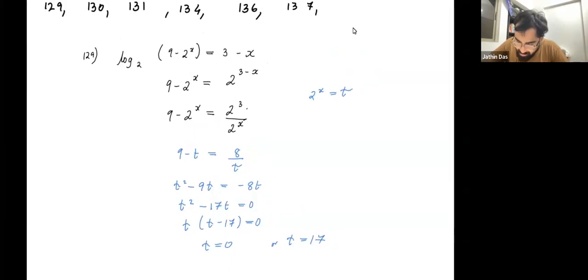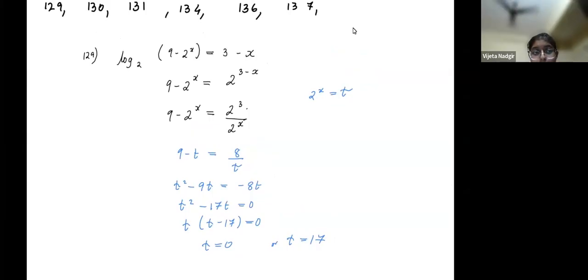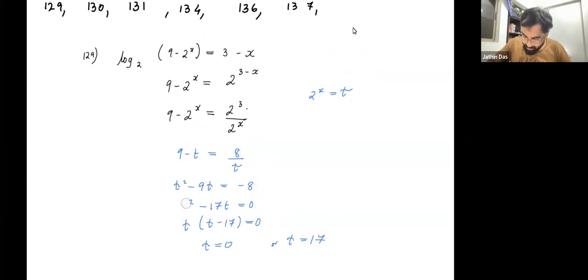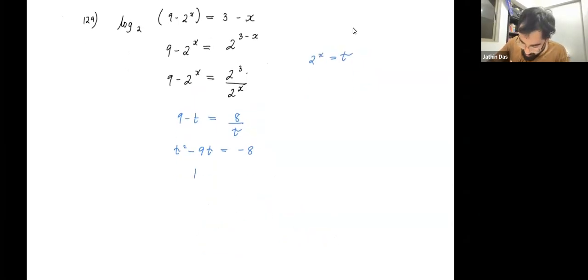Okay. Did I do anything mistake? You understood, no? Basically, what I did. हाँ. नहीं यहाँ पे 8 ही आएगा. हाँ, that's what I was thinking. Okay. So t square minus 9t plus 8 is equal to 0.